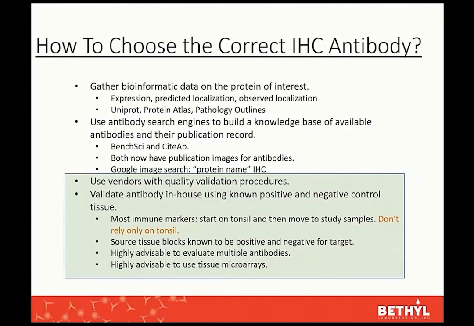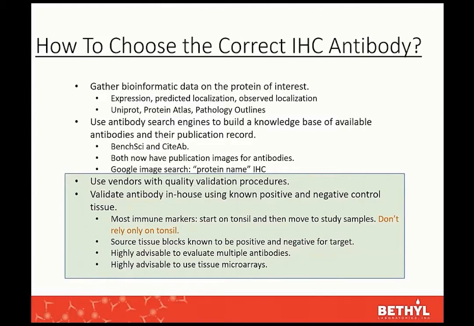So again, back to this screen, how do we choose the correct antibody? What we view as the most important thing is use vendors with quality validation procedures and also validate the antibody in-house. Right? What we also recommend is you try to use tissue microarrays if possible.